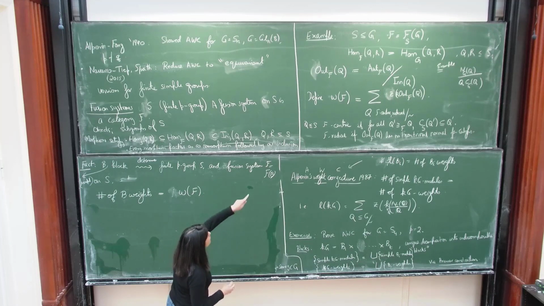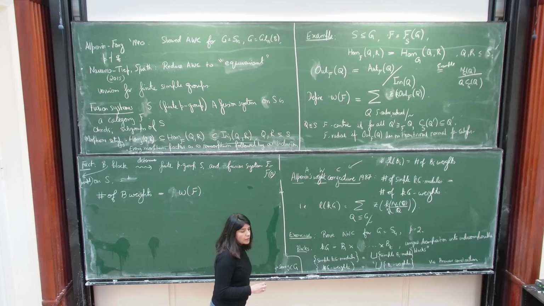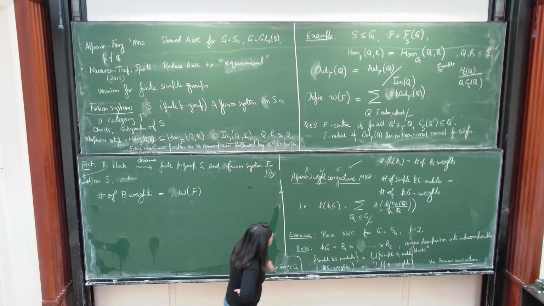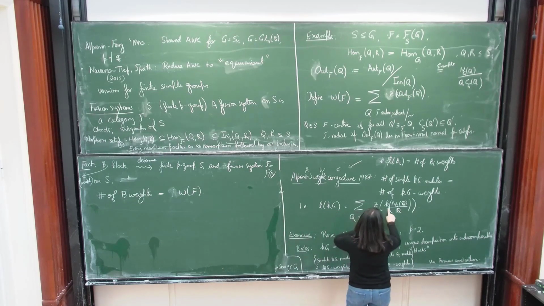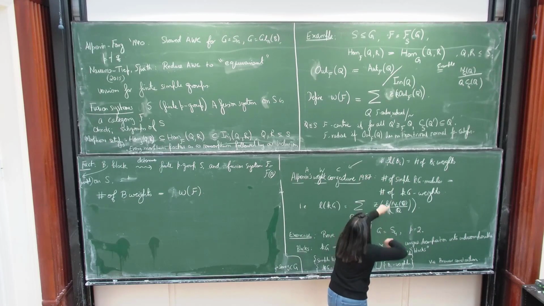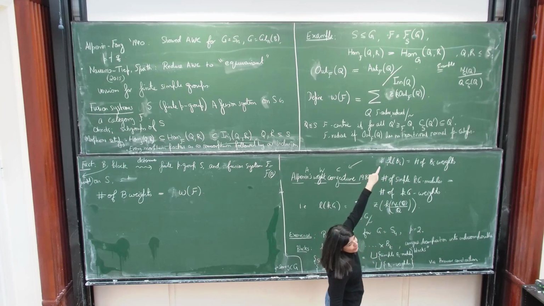Of W, yes. And you would have to change the group algebra of this outer. Sorry, I started editing on the wrong board. I'm so sorry. It should have been on that board.